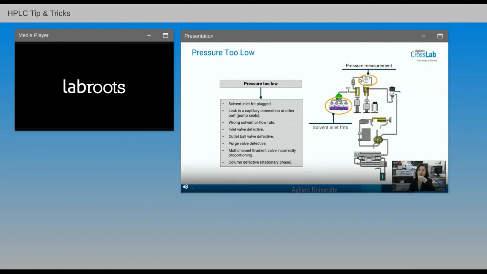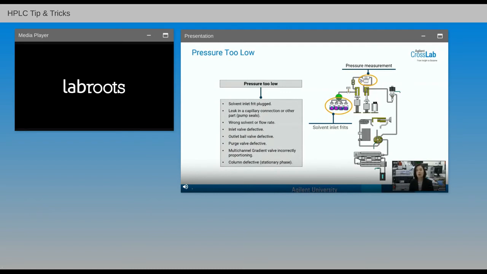If the valve is defective, meaning it cannot control the amount of solvent flowing into the pump head, it will also cause pressure too low. Similarly for the outlet ball valve, the exit of the solvent from the pump head to the damper or even the purge valve. If any of these valves is defective, it will also cause pressure too low or pressure fluctuation.